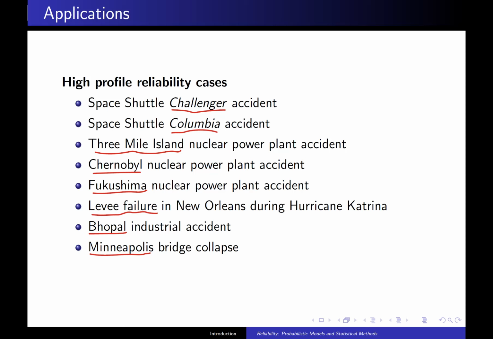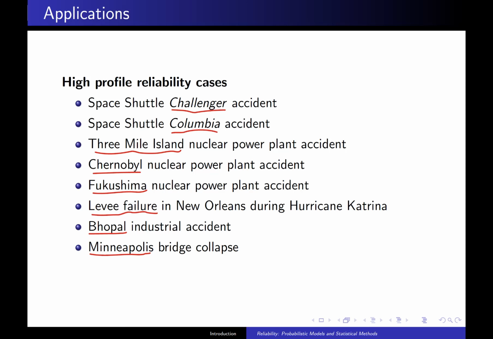There is also a TV series that I discovered just last weekend. It's put out by National Geographic. It came out in 2024. The name of the series is Disaster Autopsy, and they do a number of different areas for these high-profile reliability cases. Some in aerospace, some in transportation, sometimes building failures, nuclear power accidents are included, fires, building fires, for example, fires that occur on oil rigs.